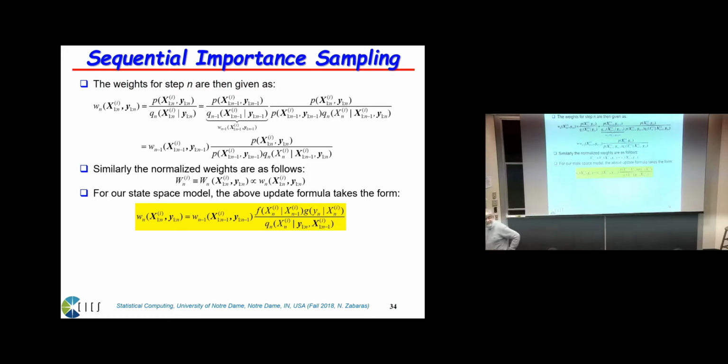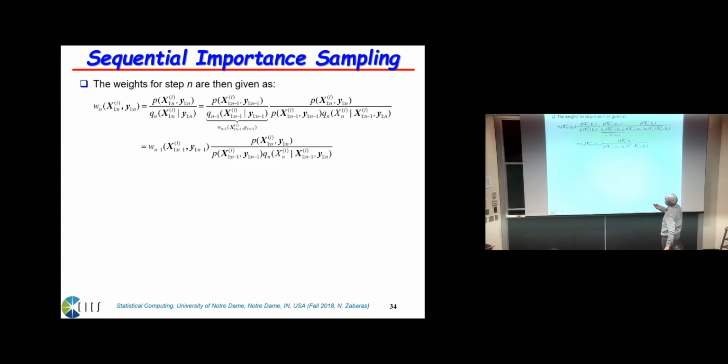So the idea here is you will do this incrementally, you will reuse the particles from the previous time, you will reuse the weights from the previous time, and then with these incremental weights, you'll be able to update the weights from n minus 1 to time n. And where are the particles xn of i going to come from?